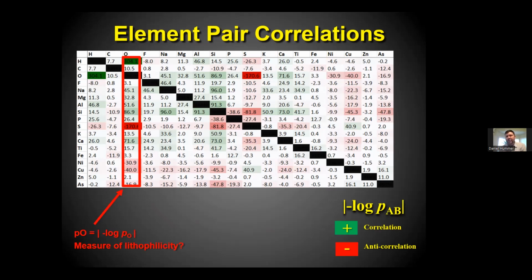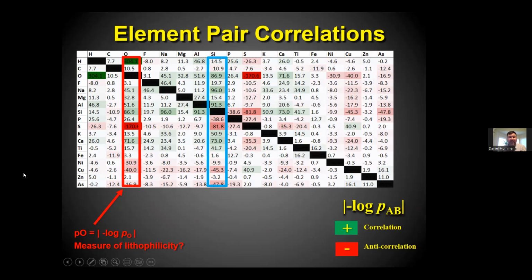So now what can we do with all of these correlations? I mean, we're kind of already aware of some of them, certainly. But if you think about this correlation with oxygen, we could use this as a quantitative measure of the so-called lithophilicity. I guess I'm making up that word. That's a word that did not exist beforehand, but I'm calling it the lithophilicity of that particular element.